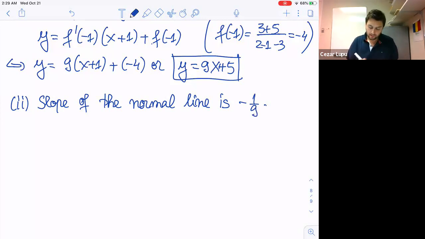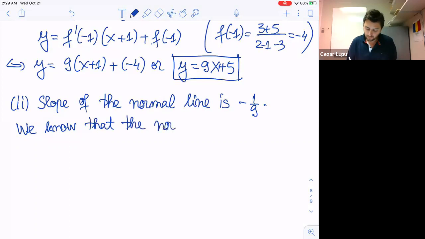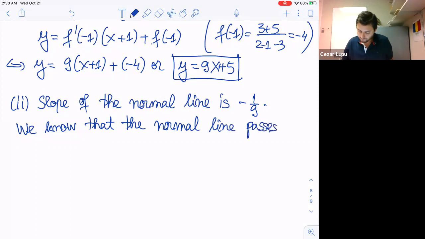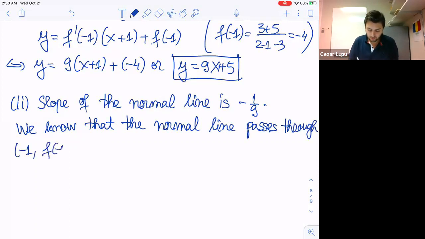And now we know that the normal line passes through the point of coordinates -1 and f of -1, which will give us (-1, -4).